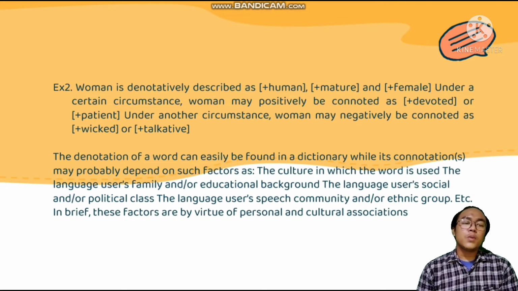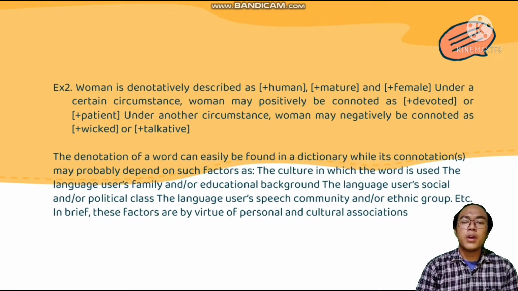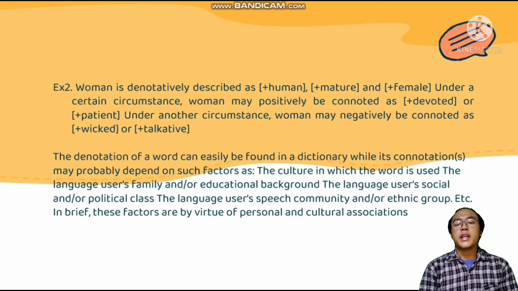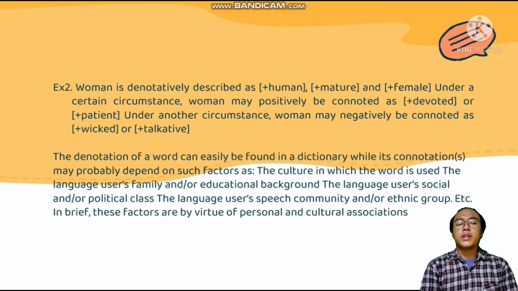For example, 2, woman is denotatively described as human, mature, and female. Under a certain circumstance, woman may positively be connoted as devout or patient. Under another circumstance, woman may negatively be connoted as weak or talkative.